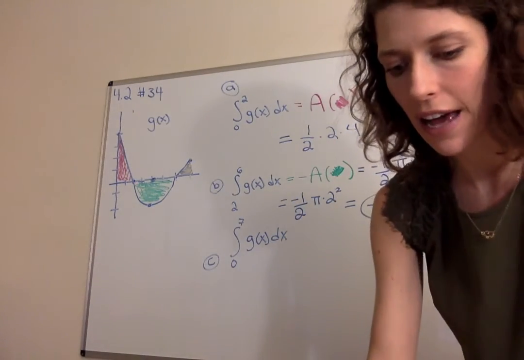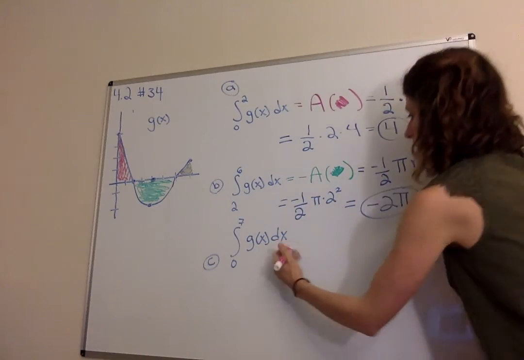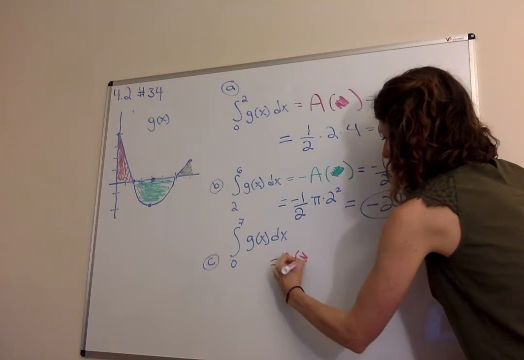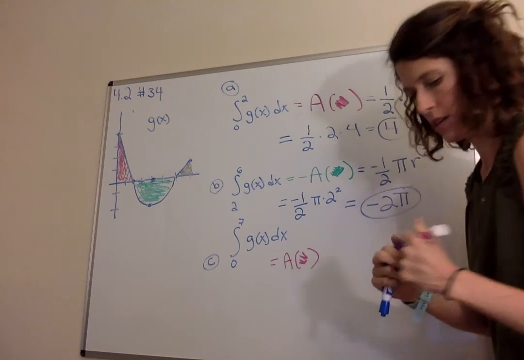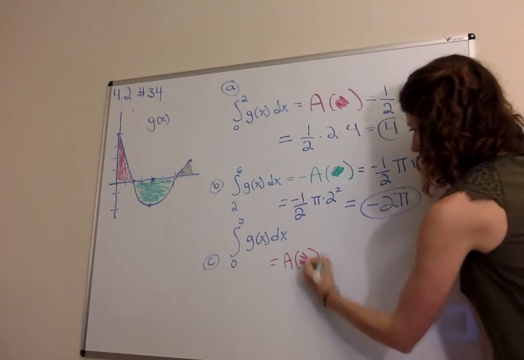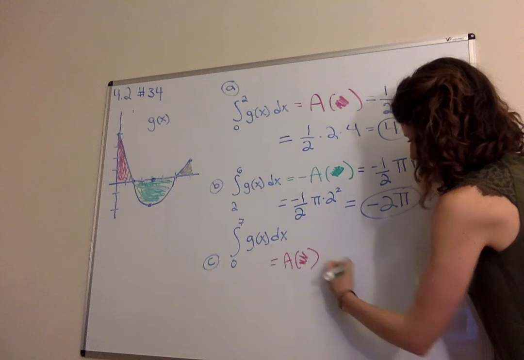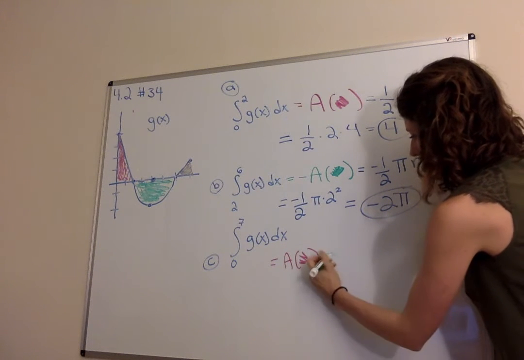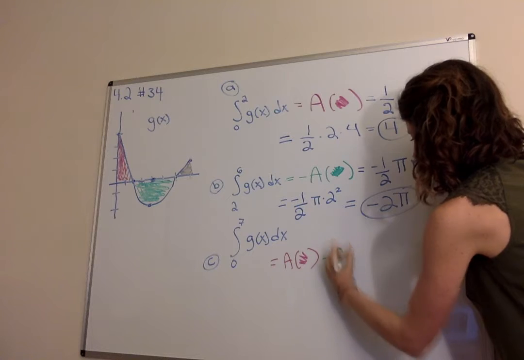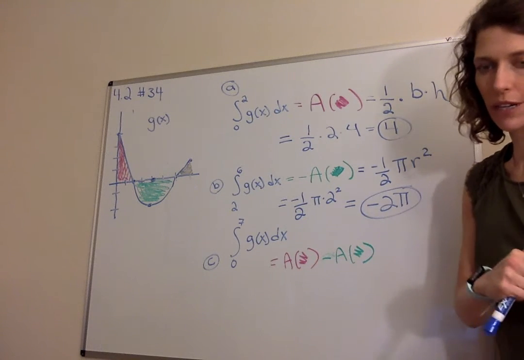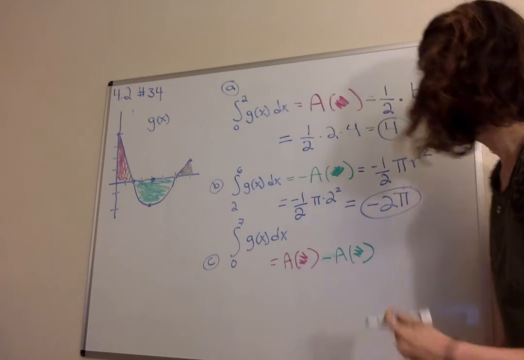So for my area from 0 to 7, I have the area of the pink part, plus, or actually minus in this case, the area of the green part, because that part lies below the x-axis.